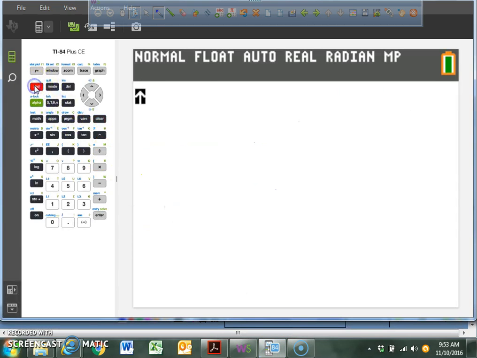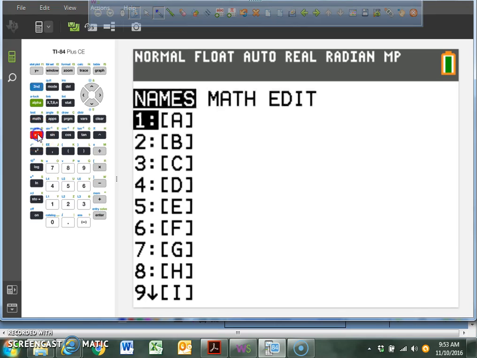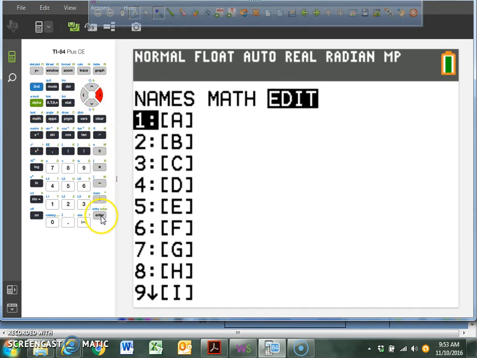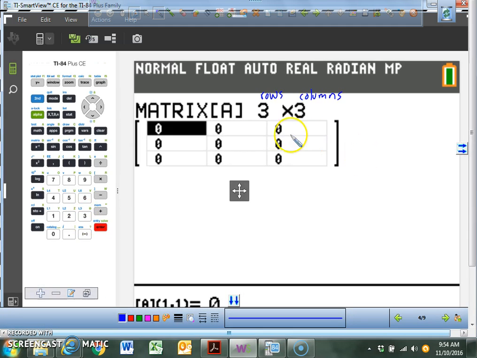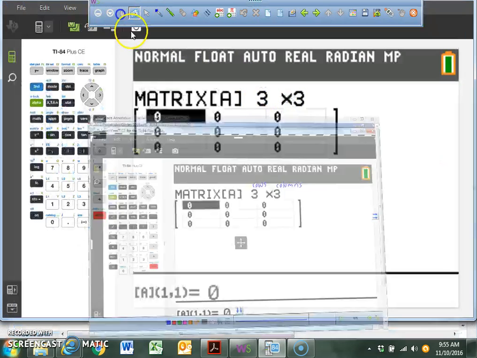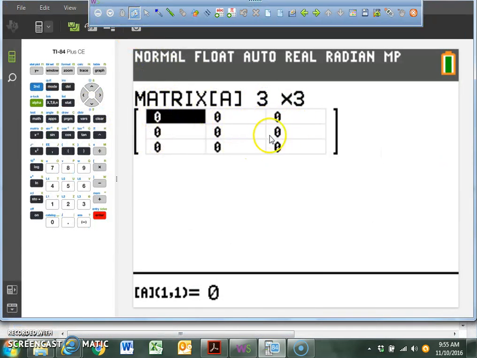We're going to press second matrix, which is right here. There's the matrix button. Go over to Edit and press Enter. The first matrix you're going to build is a 3 by 3. Quick review: remember, matrices go rows by columns. Liz, give me the first row. -3, -2, and 1.